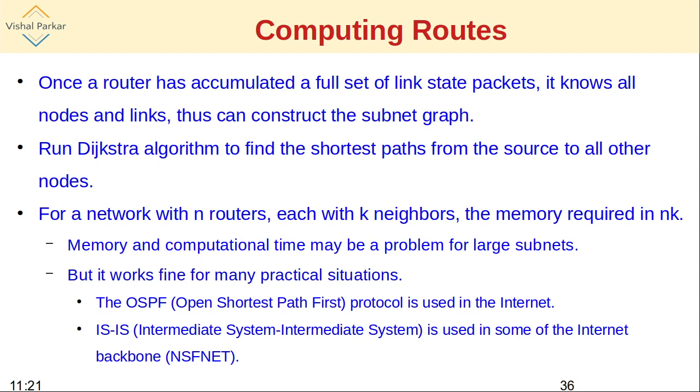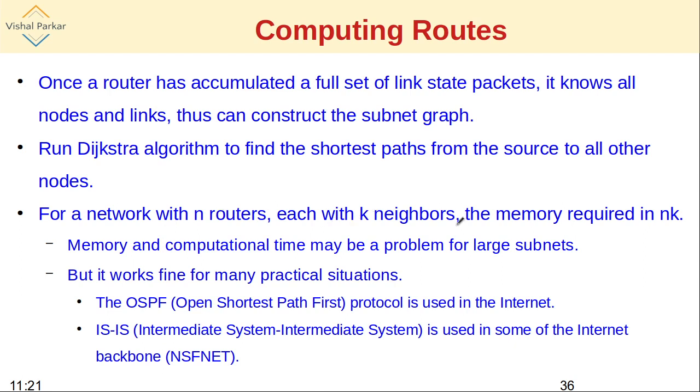Now, for a network with n routers and each with k neighbors, every router has to know the link state from its neighbors, and that's why the memory required is n into k. For example, every router has to know the link state buffers or the vectors from its k neighbors, and there are n routers.